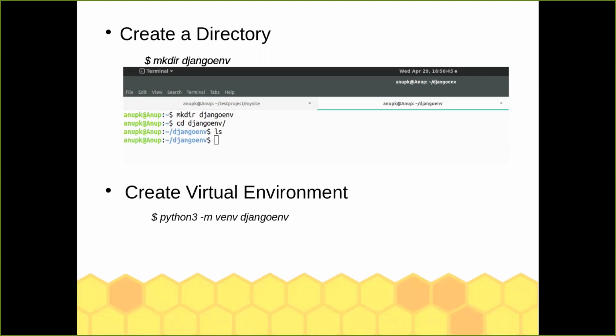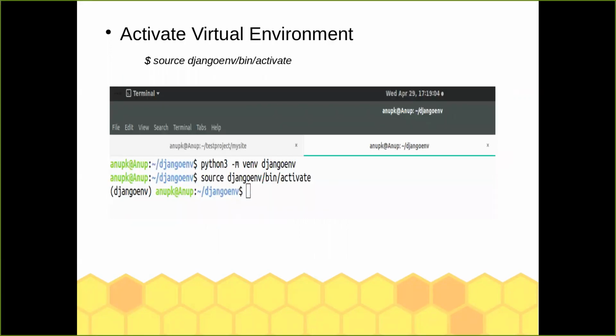Step 3. Create virtual environment. Use the following command to create a virtual environment: python3 -m venv virtual-environment-name. Now, final step 4 is to activate the virtual environment.